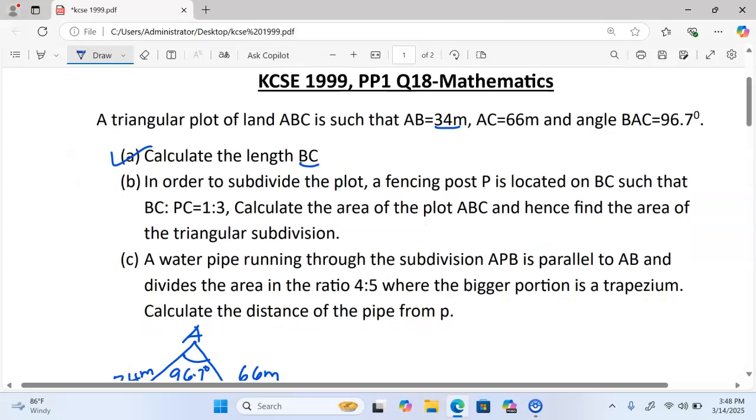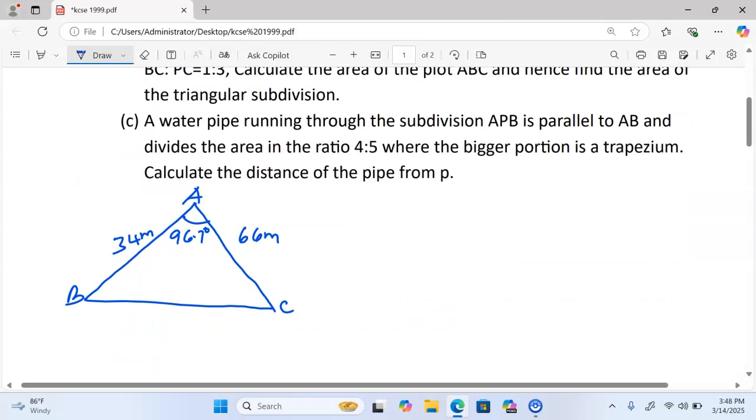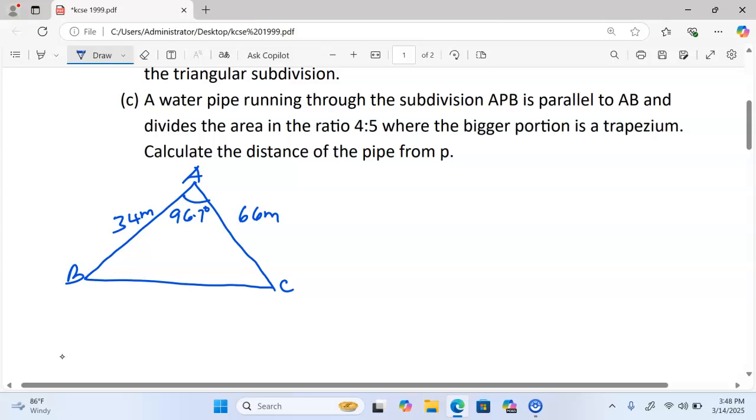The length BC is going to be obtained using the cosine rule.